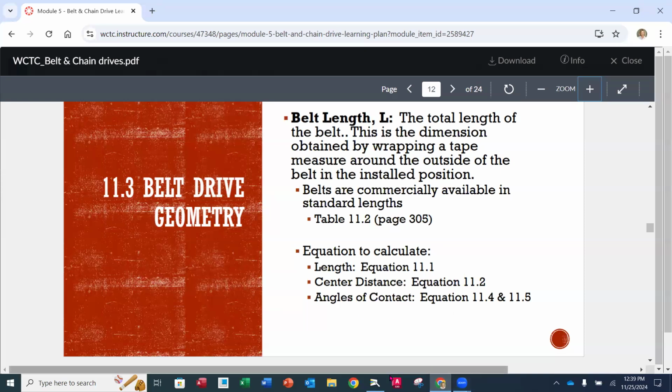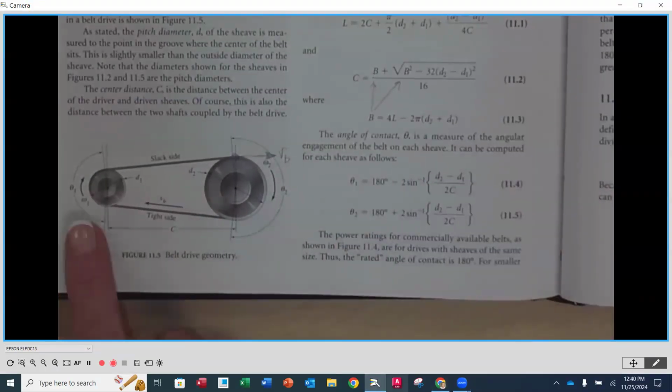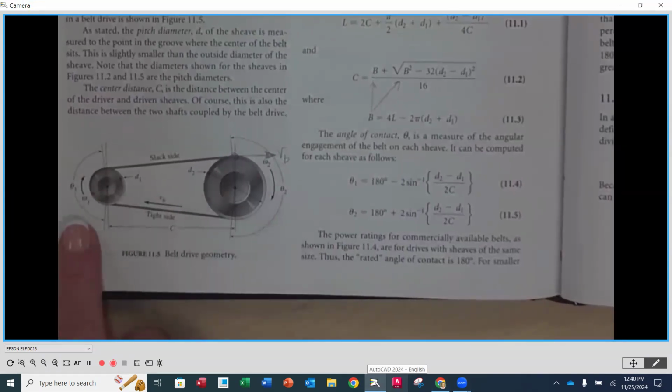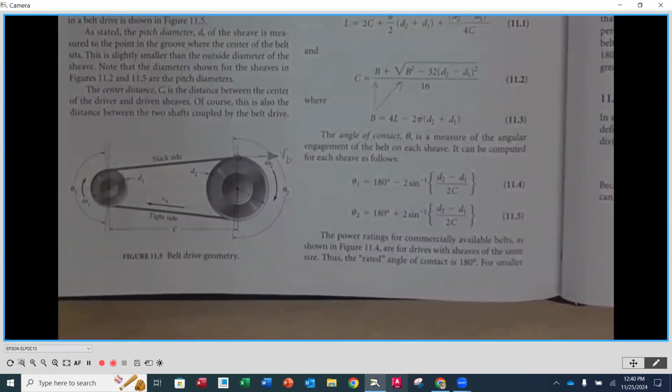Okay. Let's talk about angle of contact. We'll look there as well. You'll notice that on our driver and our driven, they have this angle of wrap. That's the angle of contact or the angle of wrap for which the belt is actually on the sheave. That's an important number because we are going to be transmitting our motion and our torque using just the friction of the contact of the belt to the sheave. If we don't have enough wrap, we're not going to have enough ability to transmit that torque, and you're going to get your belt slipping all the time.